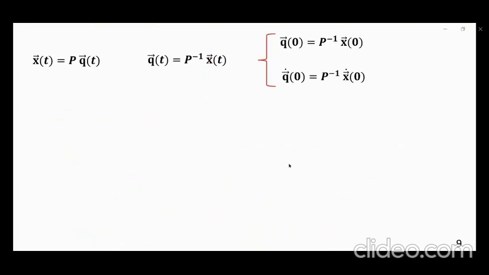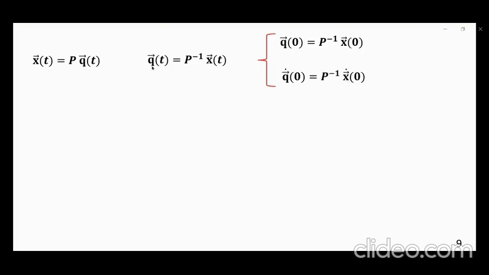Okay. Now, remember, to solve the problem, you were given initial conditions. If you go back to the slide, I think it was slide 7 or 6, it tells you to solve the problem under these initial conditions. In other words, x of 0 is given to you, x dot of 0 is given to you.